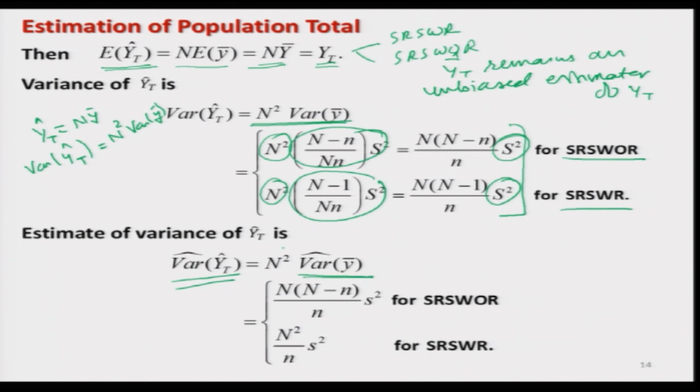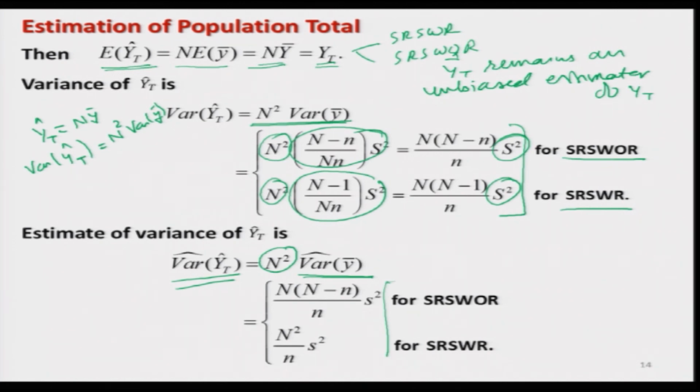The only difference is that you have to multiply it by capital N square. These are the expressions we have obtained. That is pretty straightforward. Similarly, if you want to compute the confidence interval, you can do it very easily.